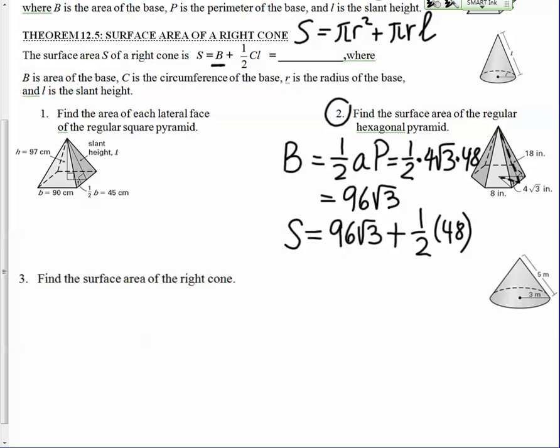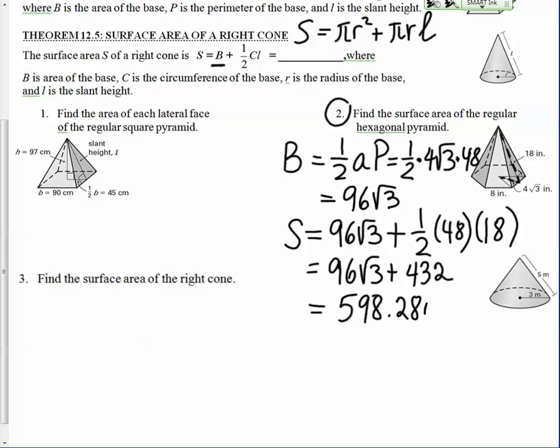As you can see, it's given to you as 18. So let's multiply and add together. It's going to be 96 square root of 3 plus 432. And we cannot simplify anymore. So let's just calculate. It's about 598.28 inches squared. Guys, try to do number 1 and 3, and then let's compare the answers.